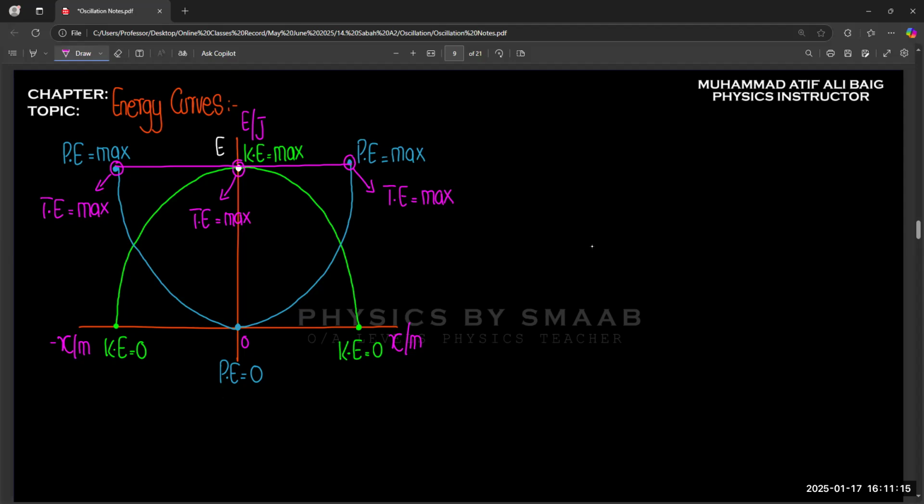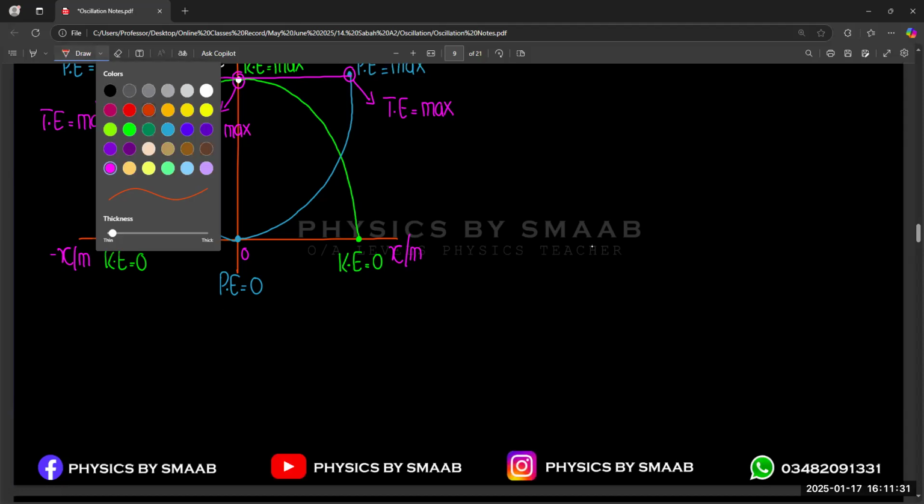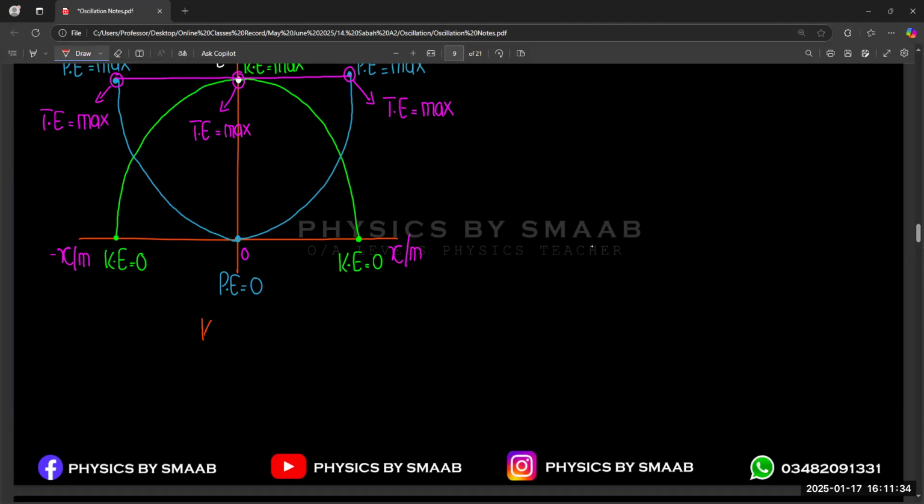And secondly, if we want to find the value of displacement from this graphical representation, we can say that the value of maximum kinetic energy is definitely equal to potential energy. Just like in normal energy cases, we discussed that loss in potential energy is equal to gain in kinetic energy, right?